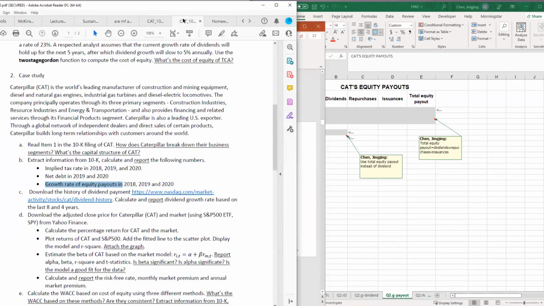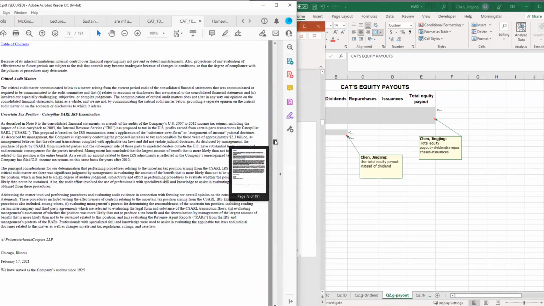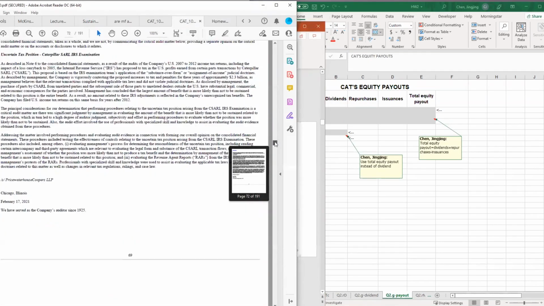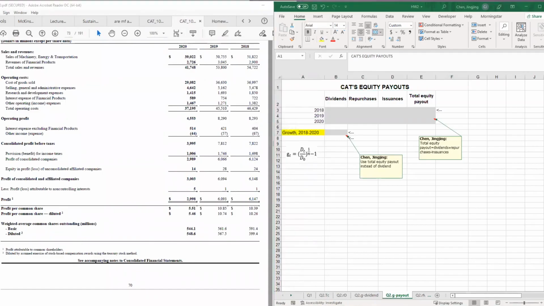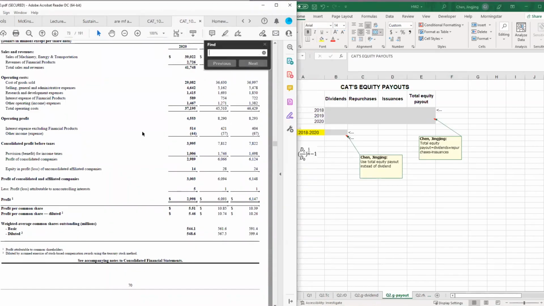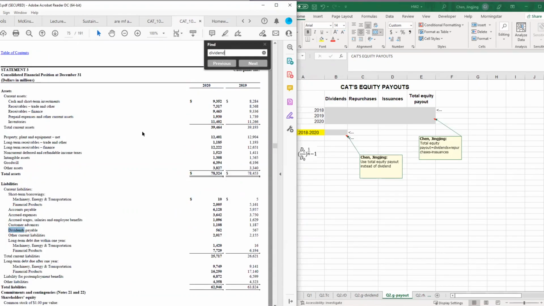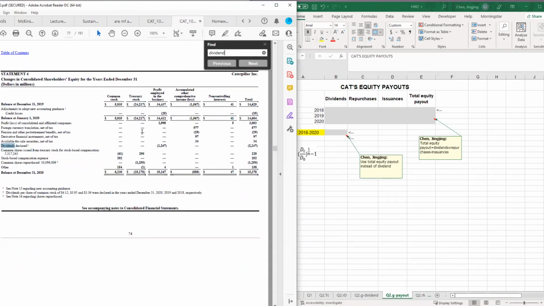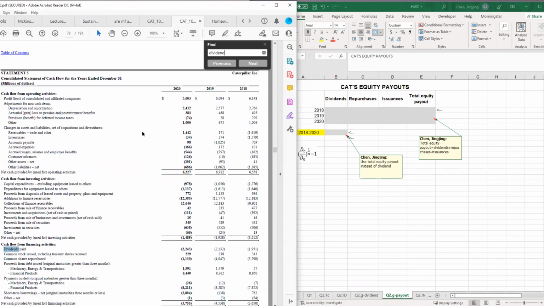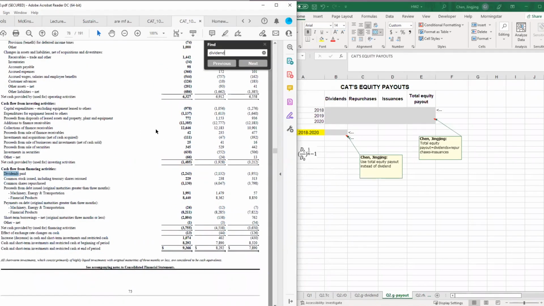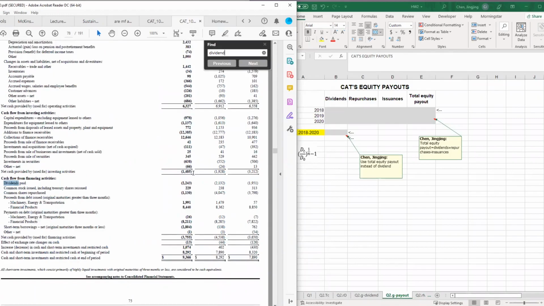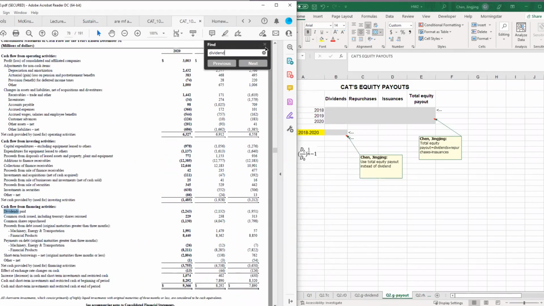So let's go to Caterpillar's case, and we want to find the dividends and repurchases. Here, let's just search. Okay, under the cash flow statement, find the number we want. For dividends paid, we can find the numbers for 2020, 2019, and 2018.